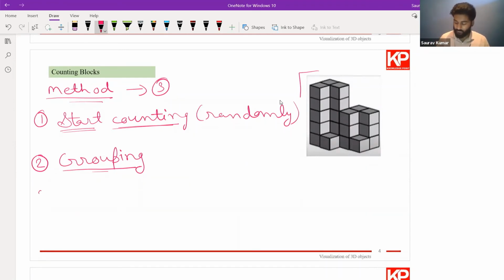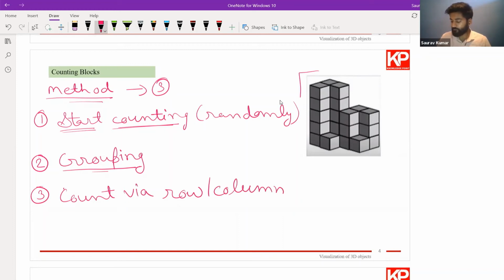Then we have the third method, and this method we can say count via row or column. This method is actually very efficient, and what happens in this, you mark the number of rows or columns, whatever you want to say. Like in this, let's say these are the 3 columns, right?